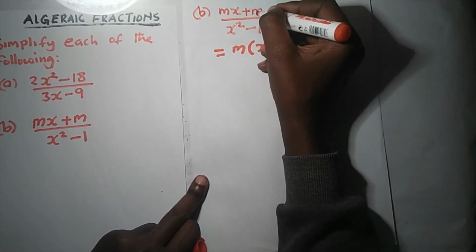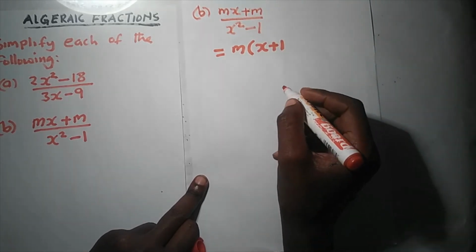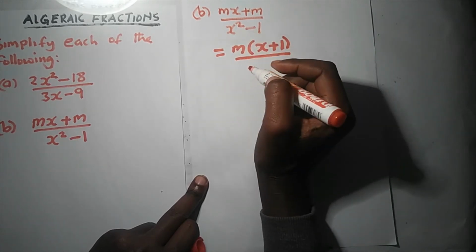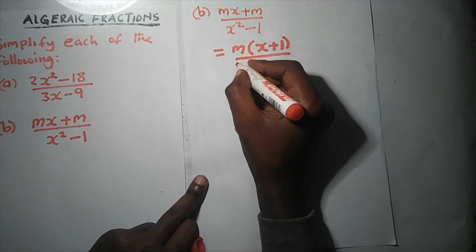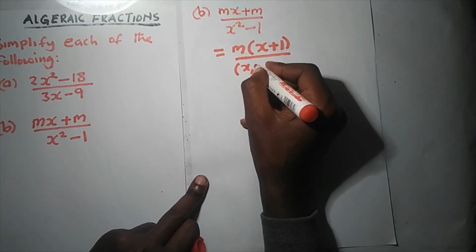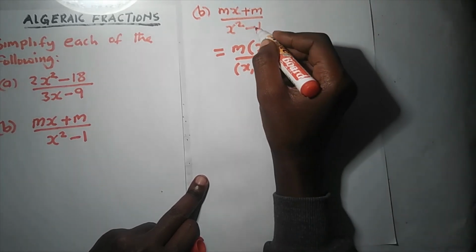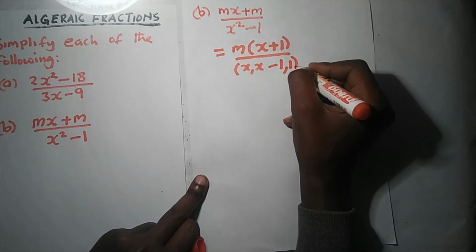Remember this m has a 1 in front, so when you remove the m and take it outside, you remain with a 1 there. Then the bottom part is difference of two squares. You have two x's, so you're going to have x and x. x times x is x squared, minus the square root of 1 is 1. 1 times 1 gives us 1.